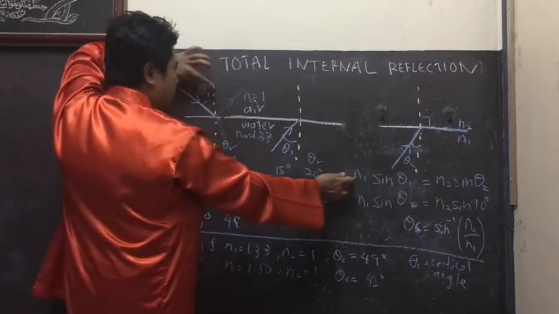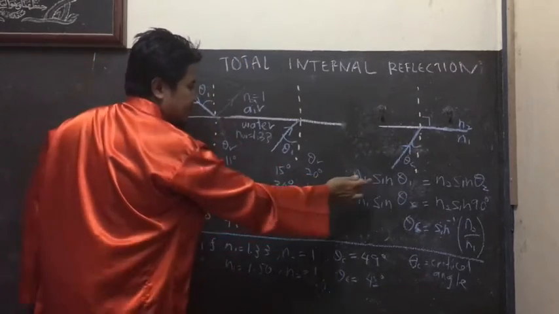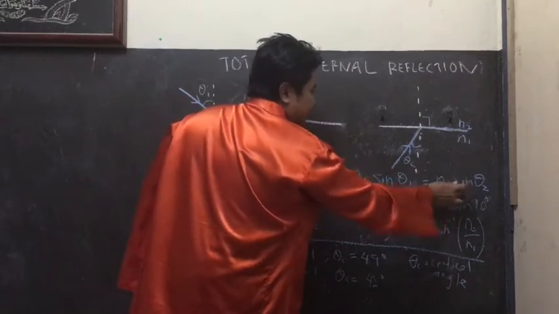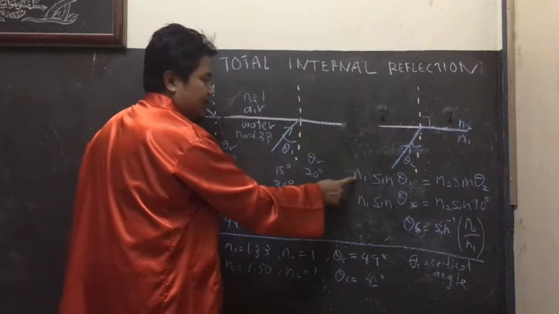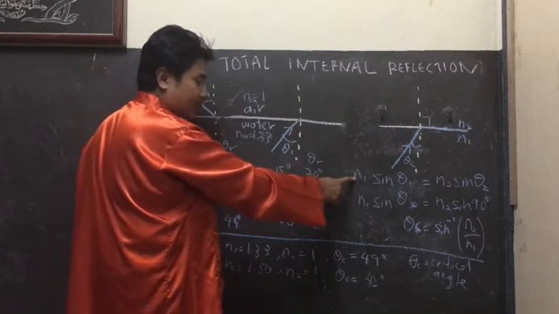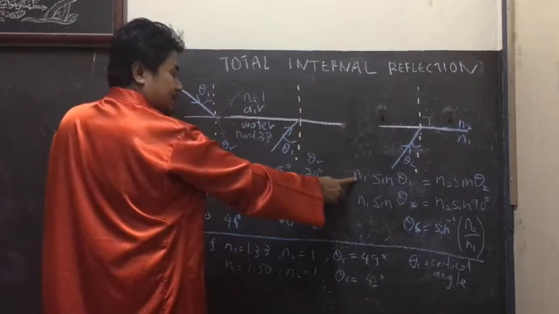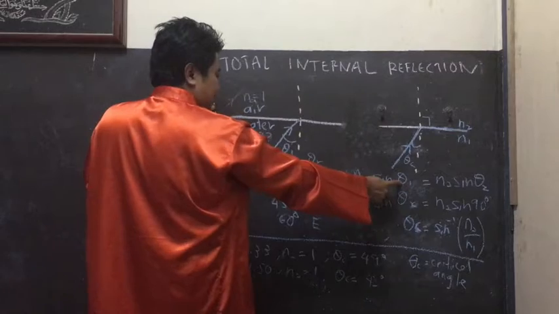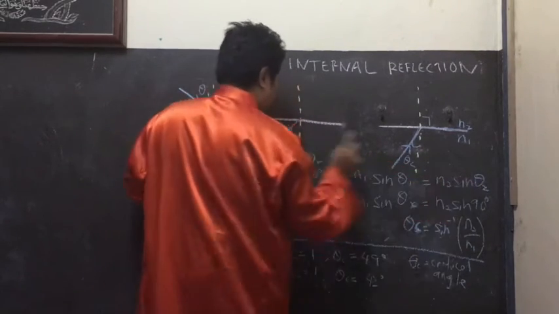So 1 sine 15 degrees equals 1.33 sine theta r. This is the index in air and angle in air, and this is the index in water and angle in water.